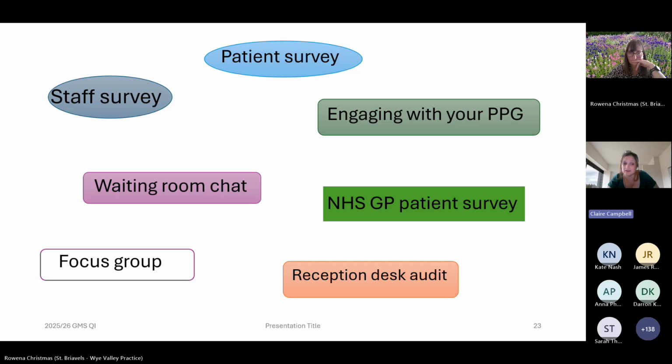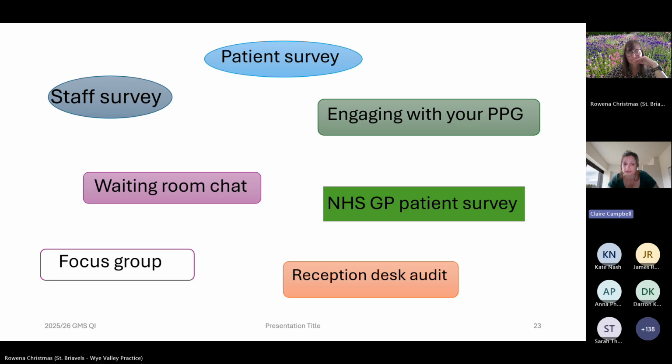There is a template that you can use for this to undertake a short audit by the reception team over a week. And these findings can help the practice to understand why patients choose not to book with their own GP and what changes are needed to help and enable support continuity.